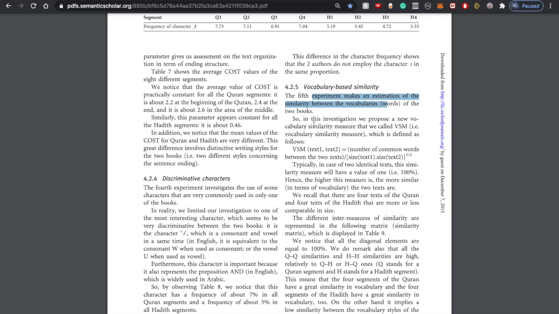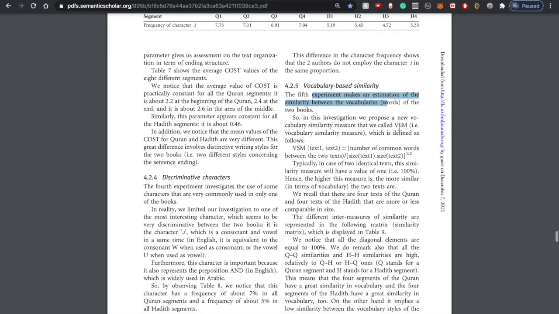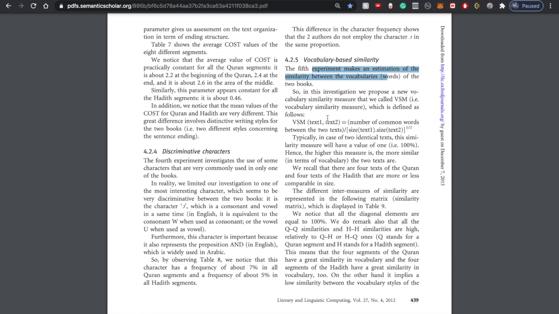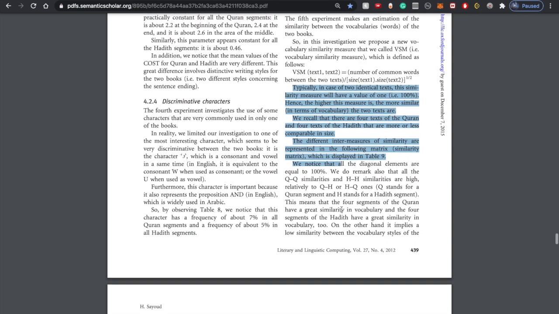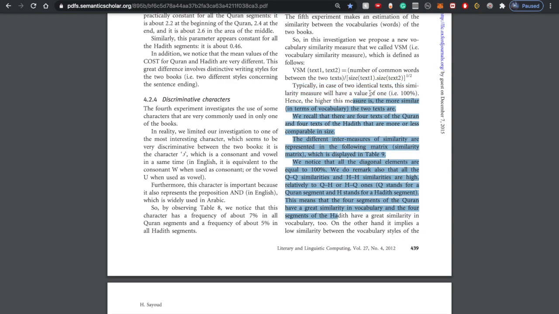So they used the measure that they called VSM, which is basically the number of common words between the two texts divided by the size of text 1 times the size of text 2, all to the power of 0.5. Just typical complicated stuff. Point is, in the case of two identical texts, this similarity measure will have a value of 1, i.e. 100%. Hence, the higher this measure is, the more similar the two texts are.